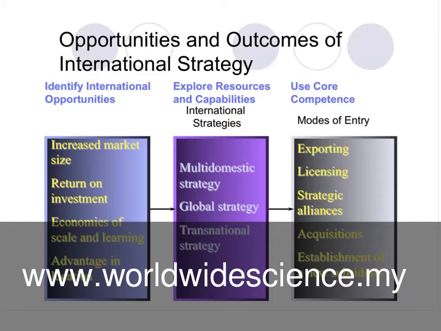Then we have global strategy, which is when we have businesses in different countries and even different continents. That's a bigger scale of strategy. So the strategies in multi-domestic and global are much different. And then the transitional strategy is mostly when you want to transition from one domestic market into another market. That helps you to transition.